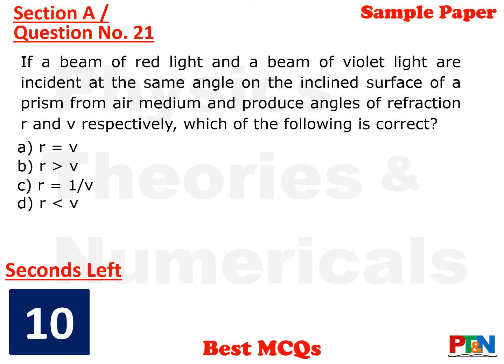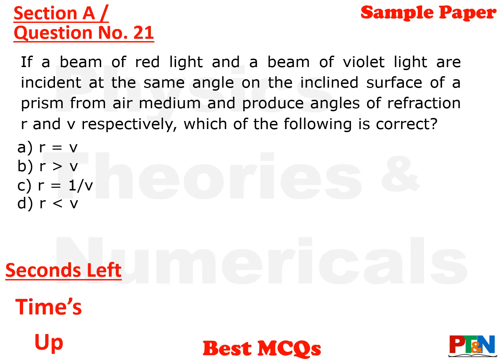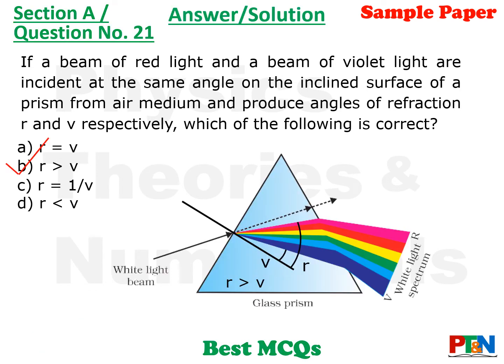R is equal to V, R is greater than V, R is equal to 1 by V, or R is less than V. 10 seconds time for you. Your time starts now. Time's up. Let's see the answer. Answer is option B, that is R is greater than V.